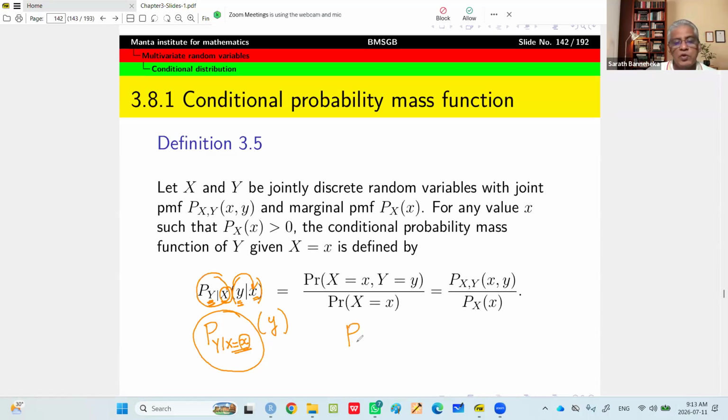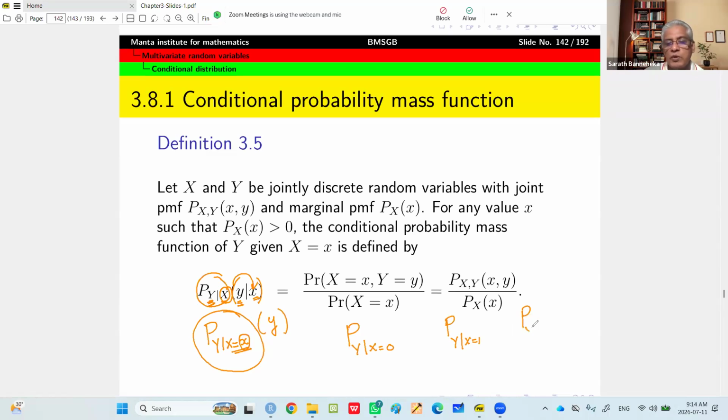So, for example, we can talk about the conditional probability mass function of Y given X is equal to, say, 0. That will be one function. Another function will be the conditional probability mass function of Y given X is equal to 1, right? Assuming that X can take values 0, 1, 2, and so on. So each of these is a different function.